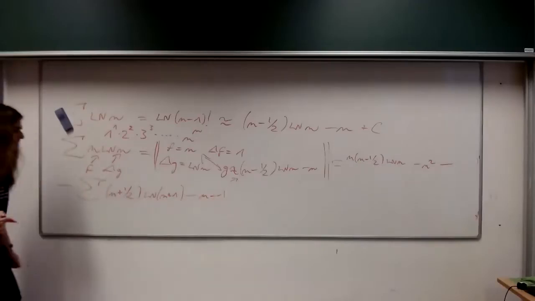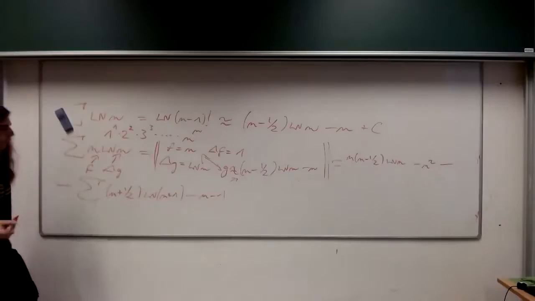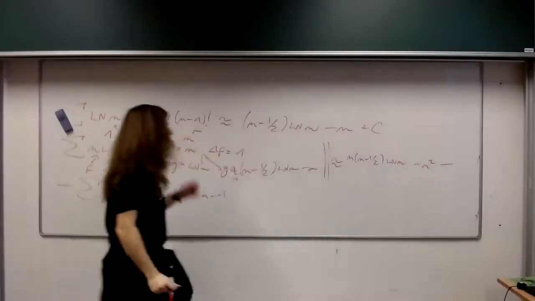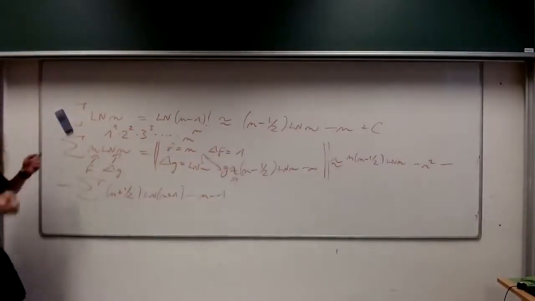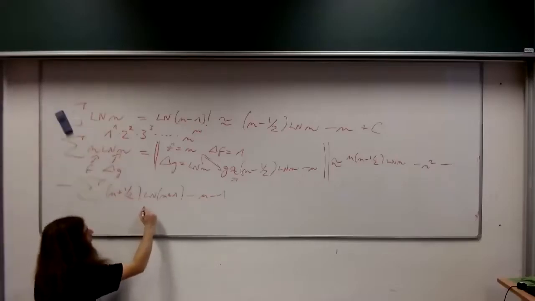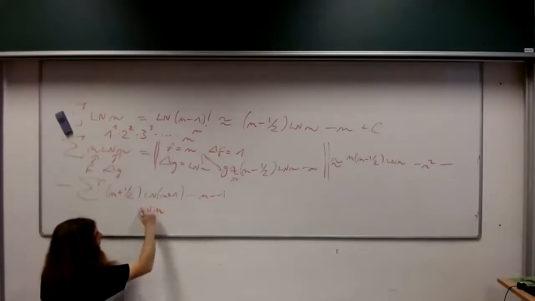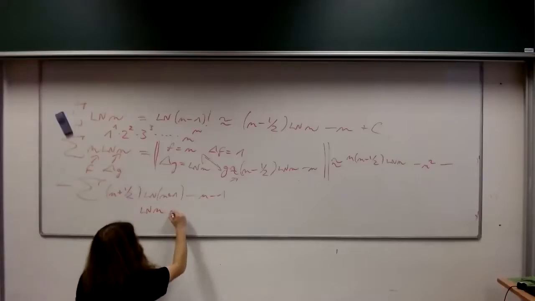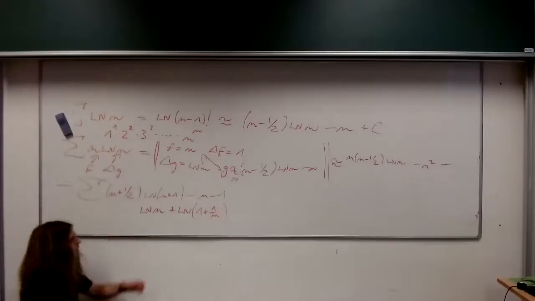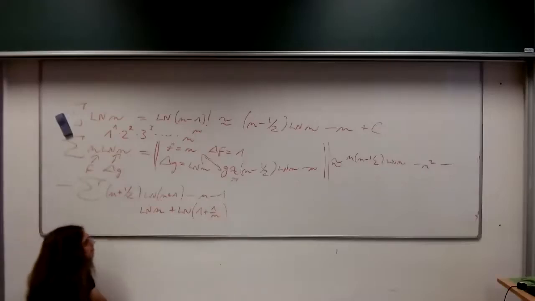So what we can do here, and I should say that this is only an approximation. When we are already approximating things, then why not continue? We have just taken out the n.